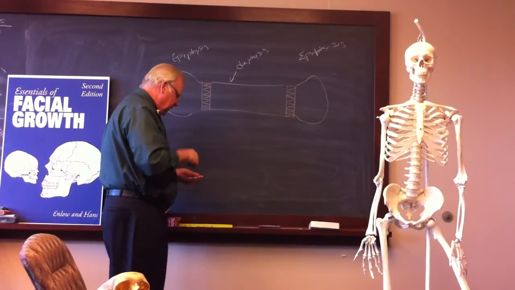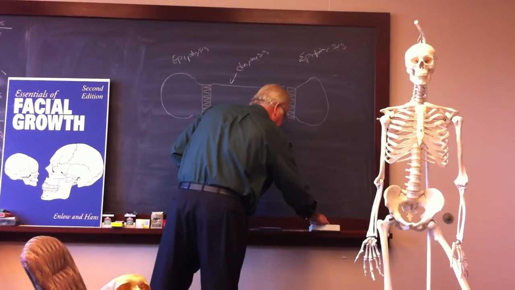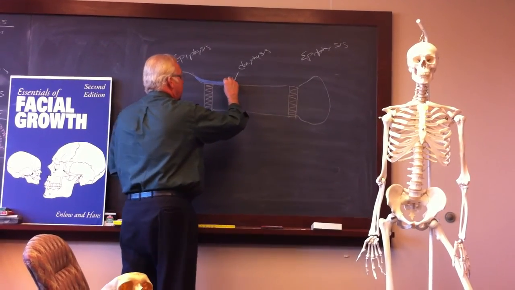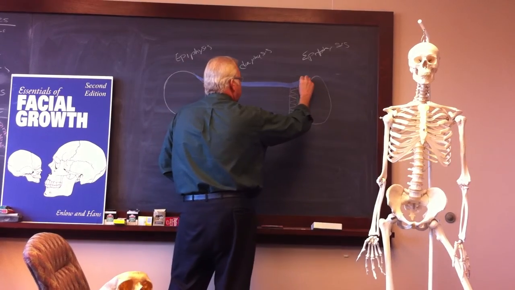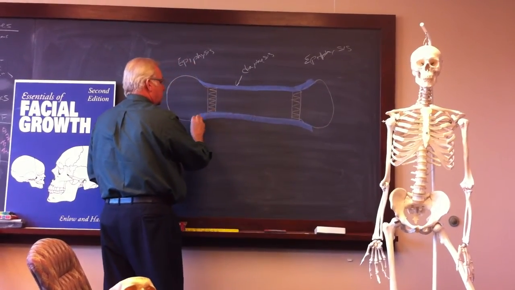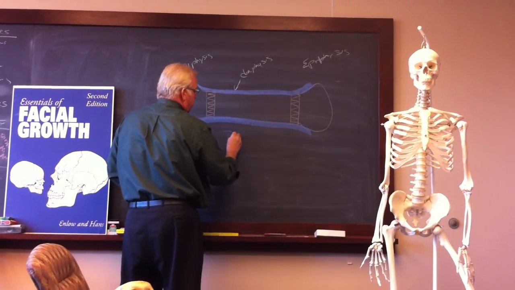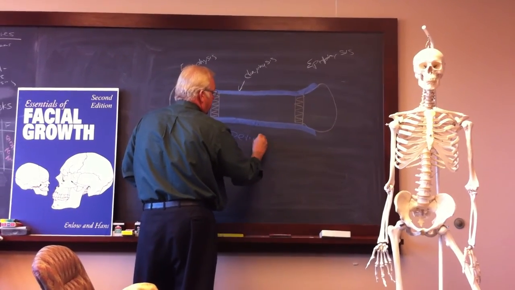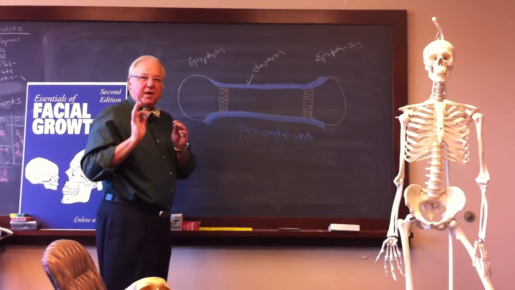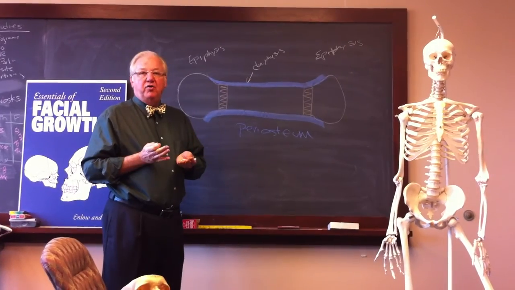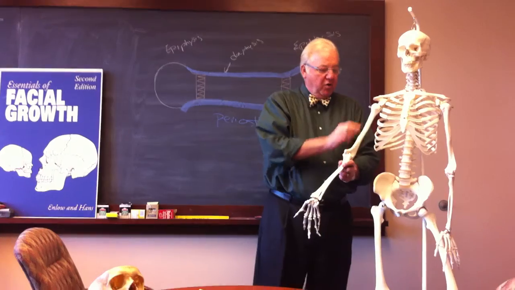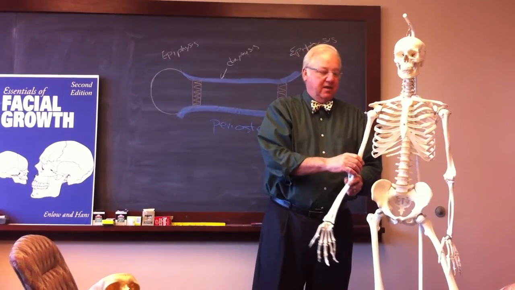Now, very important, covering all of this is a membrane which we call periosteum. So periosteum covers all of the bones in the body. If you look at the skeleton here, every place you have a bone, you've got a covering of periosteum.